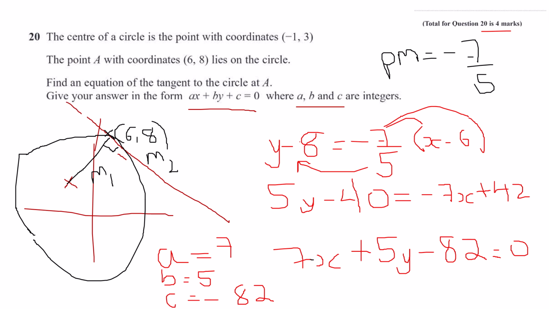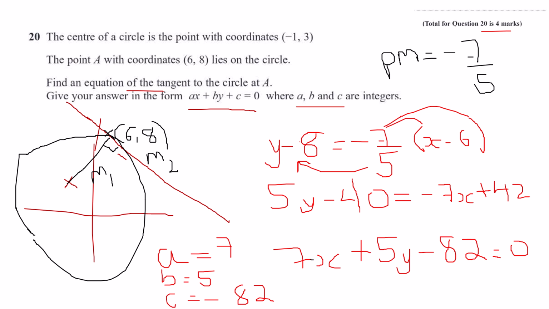So that was a grade 9 equation of a tangent to a circle. The key points are that the tangent meets the radius at 90 degrees, so the tangent line is perpendicular to the radius. A tangent also means that it touches the circle at one point, and that perpendicular gradients are negative reciprocals of one another.